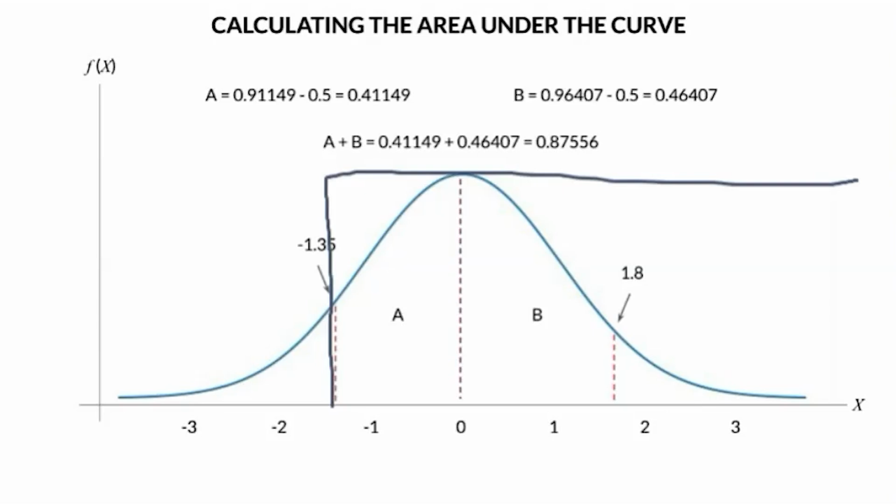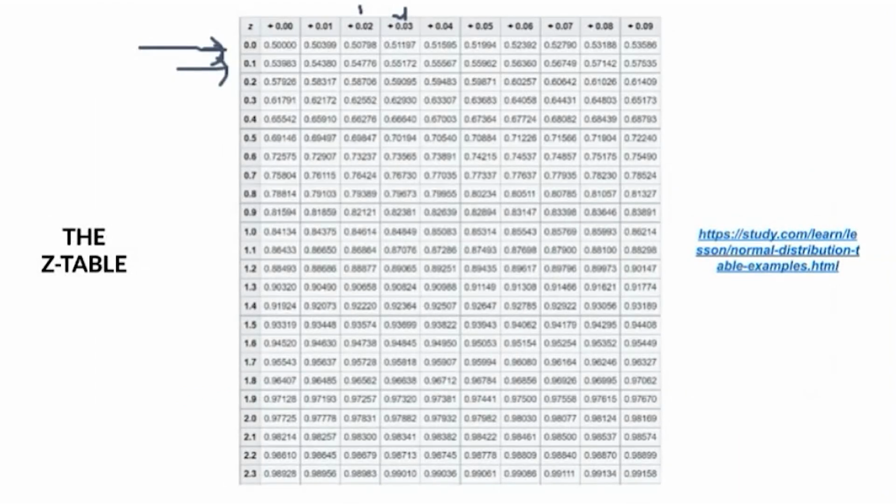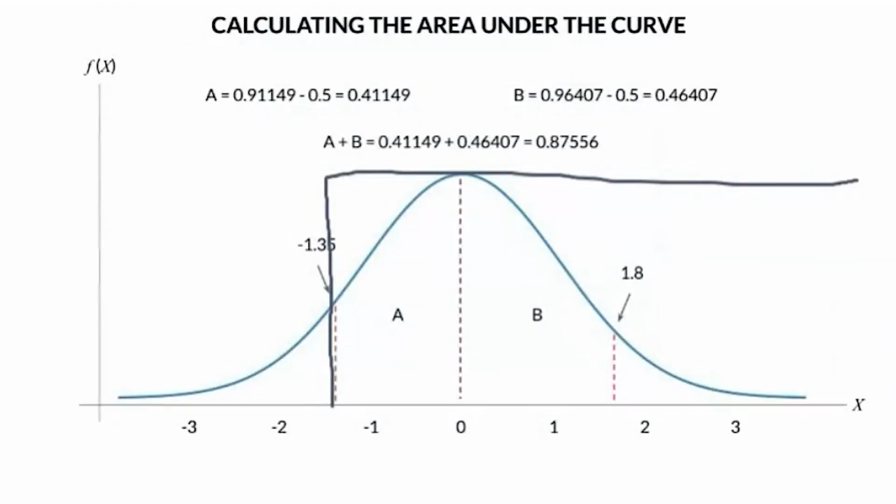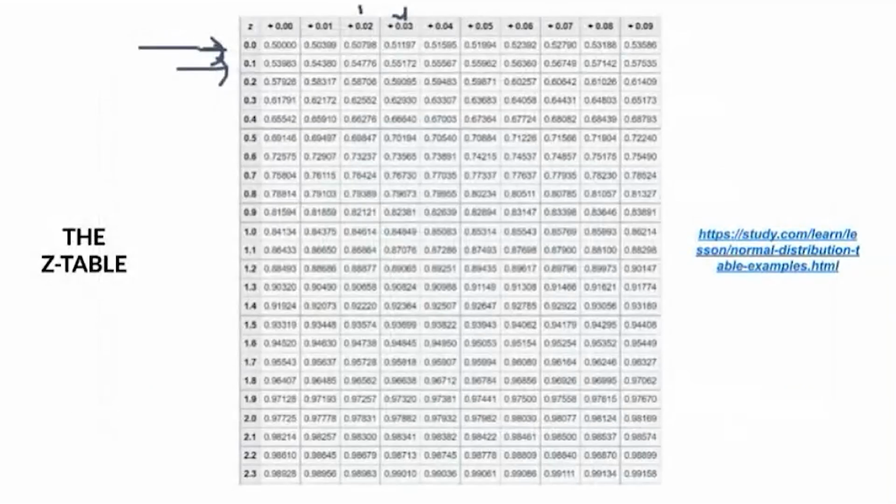Okay, so let's go back to the z table. What was the value? 1.35 is the z value. So where is 1.3? Here you can see 1.3. Go vertically and search for 1.3. Then you have to add 0.05. So this column, right? This is the plus 0.05 column. So essentially we are looking at this value here.